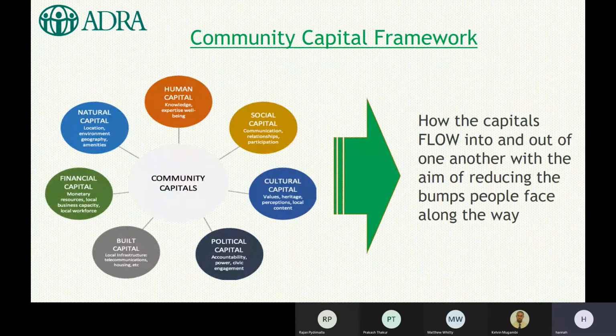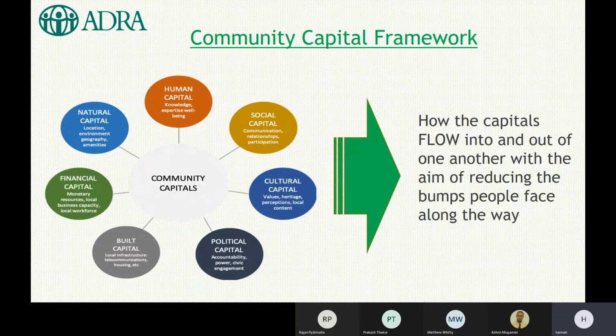Now, the community capital framework is quite key in building a strong, resilient community. We have seen through this project implementation how the capitals flow into and out of one another, with the aim of reducing the challenges and bumps people face along the way.